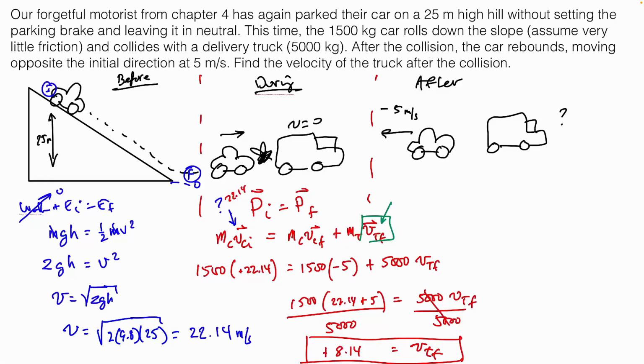It's my fault. All right, so what I want to do now is talk about elastic collisions. What's the difference between inelastic and elastic? Elastic conserves kinetic energy, and the key thing to remember is that we're conserving kinetic energy. Well, we're always conserving energy.